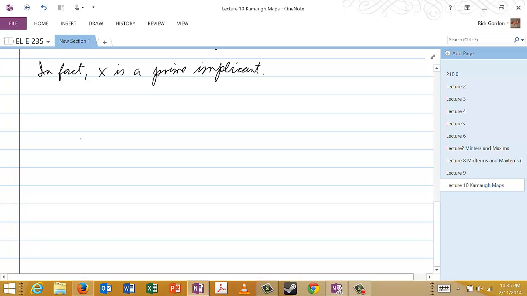Now, one word of explanation here. Let me maybe give an example. Let's say that we have f of x, y, z is equal to x y prime z, or x prime y prime z, or x prime y prime z prime.